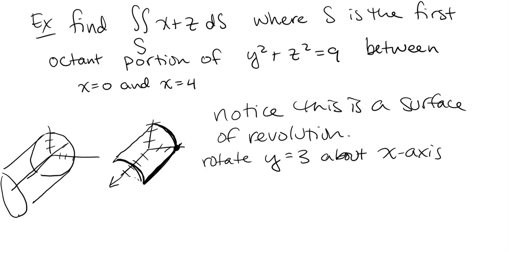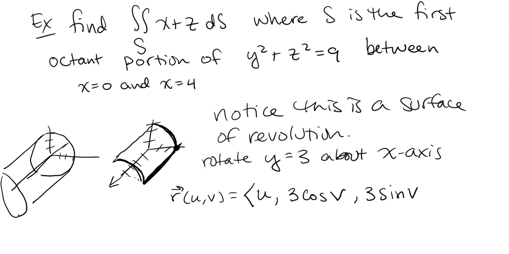So that lets us define r of u, v: we can let x be our parameter u, and then the radius is 3. It doesn't need to be a function radius, it can just be a constant. Then we'll have 3 cosine v for y, and 3 sine v for the z component.